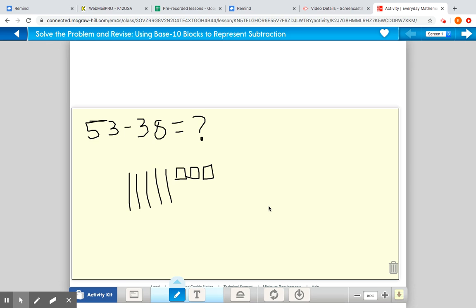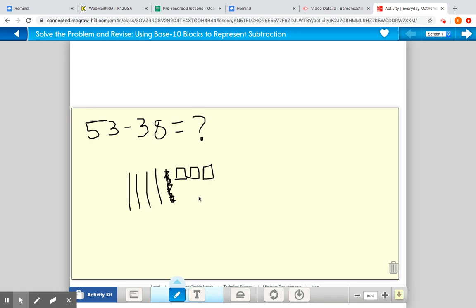So what do I need to do next? You're right. I need to exchange a 10 for my ones. I'm not going to erase this 10 because I'm not taking it away. I'm changing it into something else. So I'm just going to cross it out. I know that I took 1 10 away.